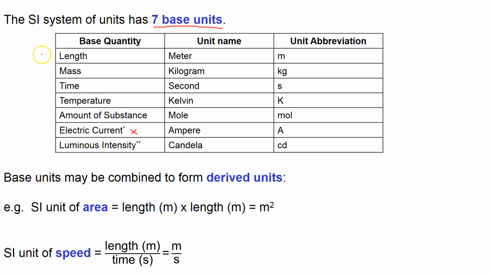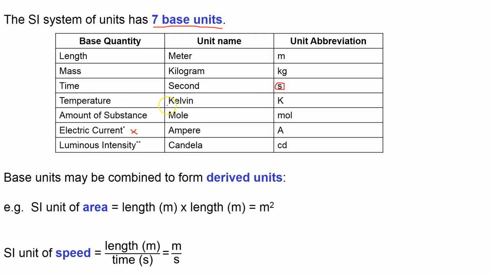So the base unit for length is the meter, and it has a unit abbreviation of a lowercase m. The base unit for mass in the metric system is the kilogram, which has abbreviation a lowercase k followed by a lowercase g. For time, it's the familiar second, which is indicated by a lowercase s.